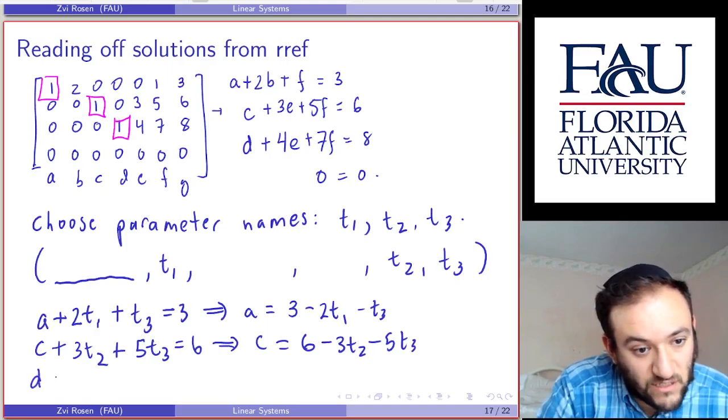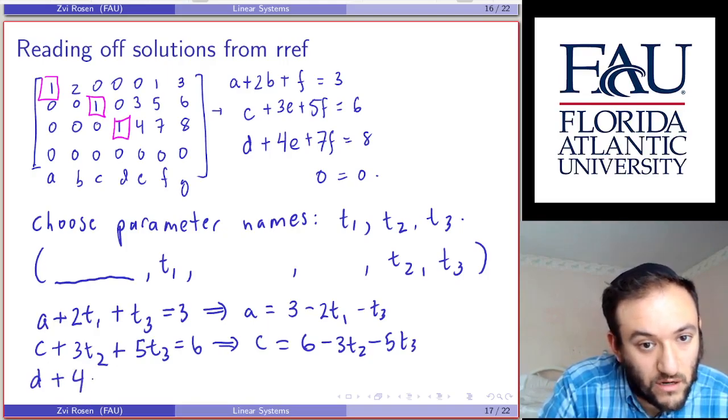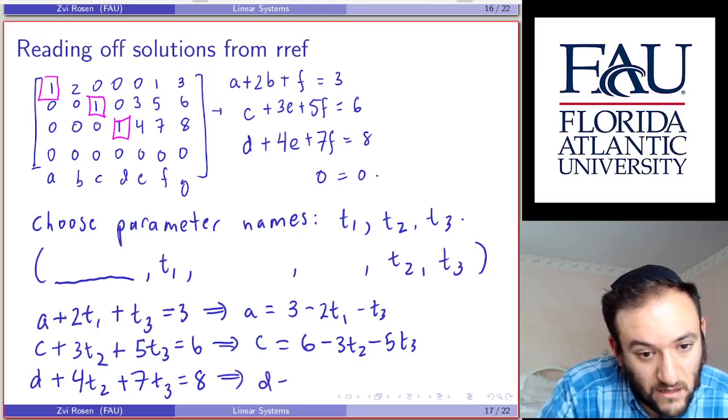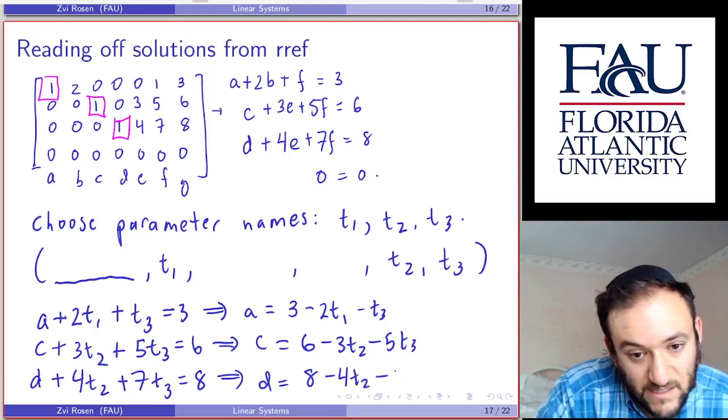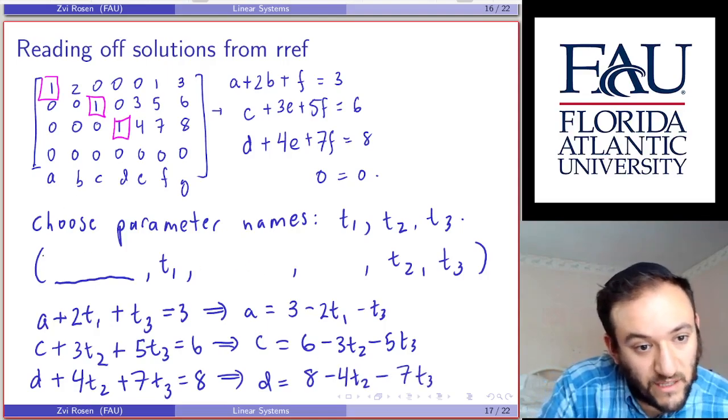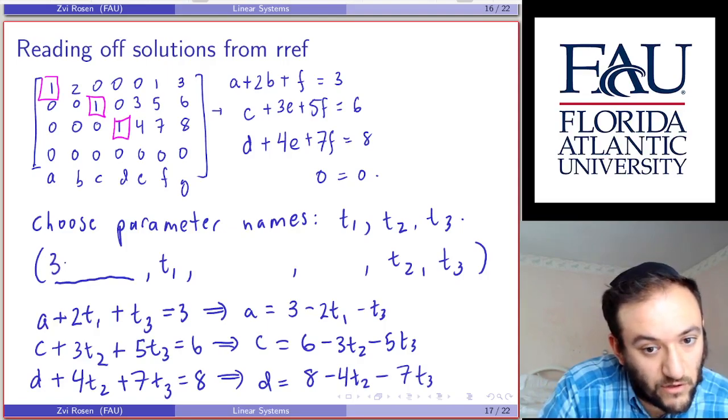And then D plus 4E, again E is T2, plus 7T3 equals 8, tells me that D is equal to 8 minus 4T2 minus 7T3. And that's exactly what we can plug in here for the corresponding solutions.